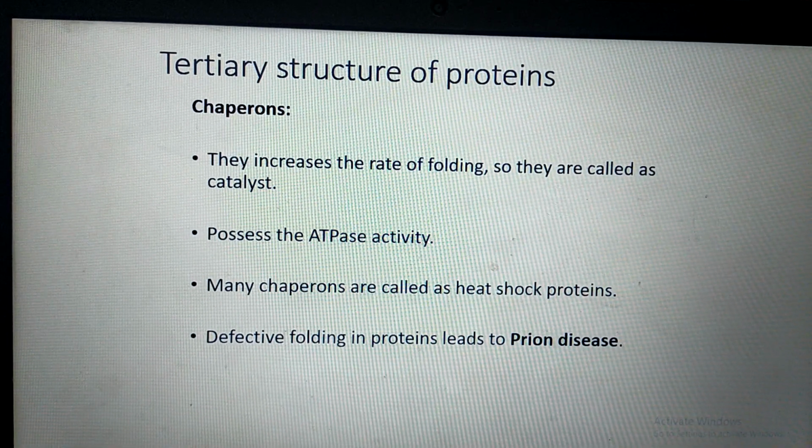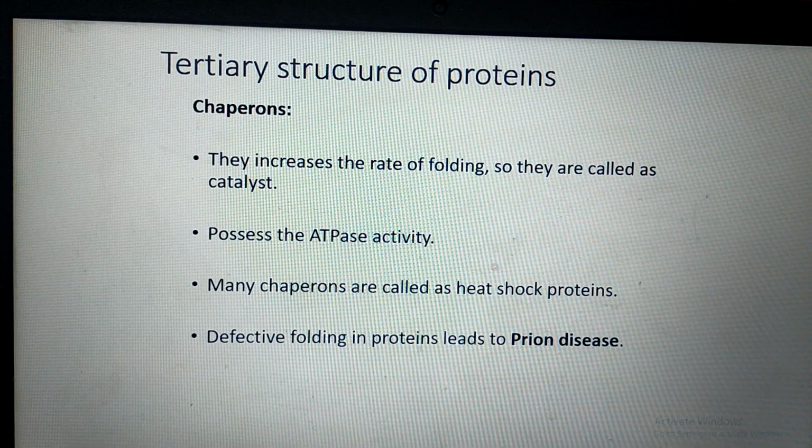Chaperones also increase the rate of folding, so they are also called catalysts. It means they make protein folding faster. When the protein is synthesized during translation, these chaperones help, or they increase the rate of folding, and therefore they are called catalysts. They possess ATPase activity.